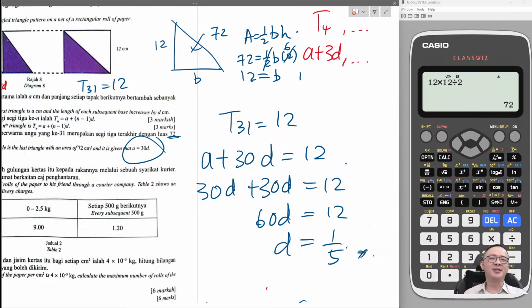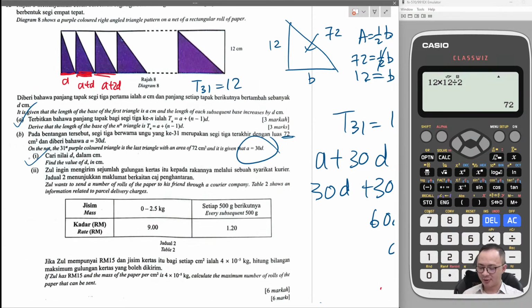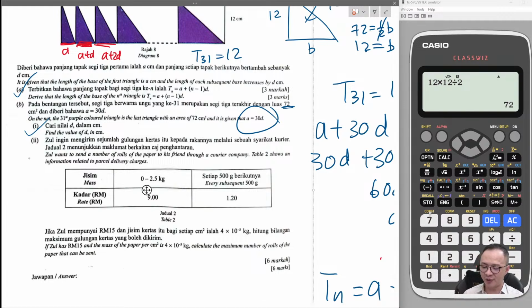Okay, this one is basically just trying to understand what information they give. Not really hard. So Zhu wants to send a number of rows of paper to his friend through a courier company. So the table 2 shows information related to the parcel delivery charge. So for the first 2.5 kg he's going to charge 9 ringgit.